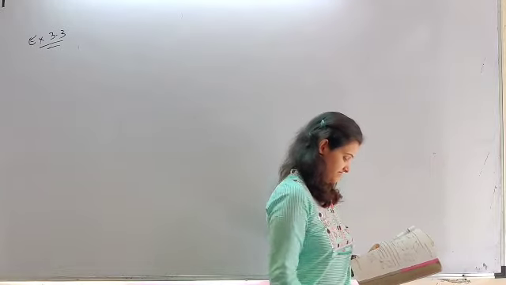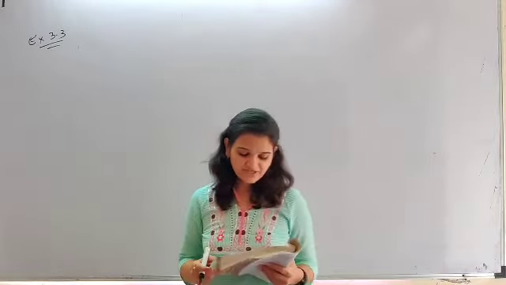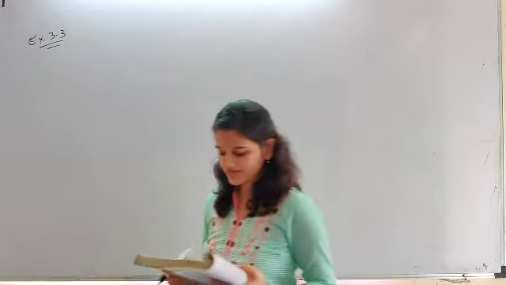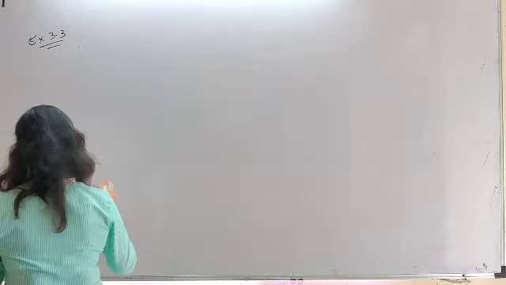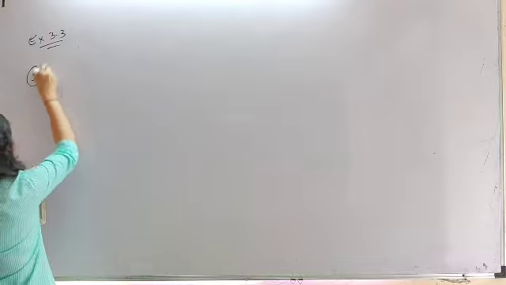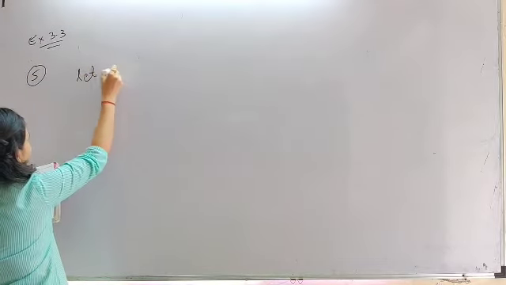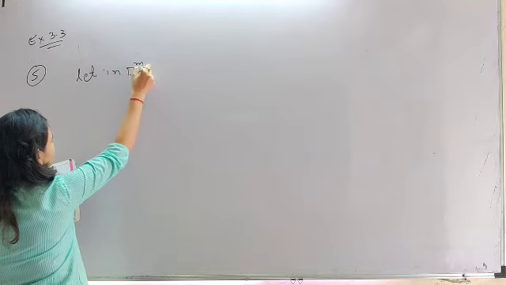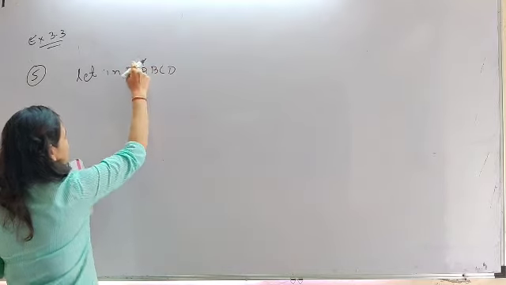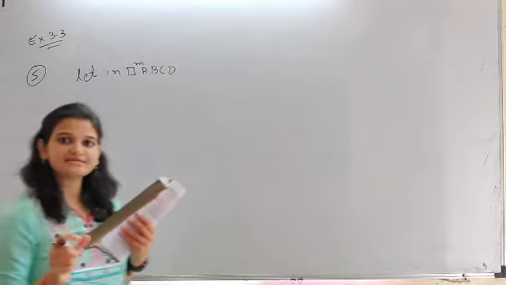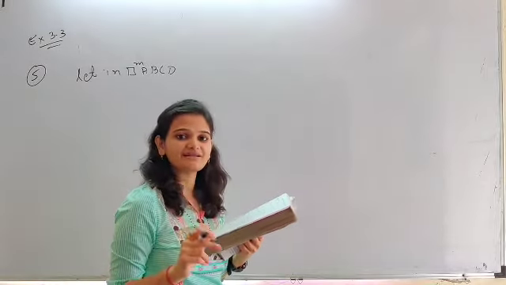Now question number 5. The measure of two adjacent angles of a parallelogram are in the ratio of 3:2. So sum number 5, the ratio of angles is given, so let me take parallelogram ABCD. Put a symbol on the square, that symbol indicates the given quadrilateral is a parallelogram.